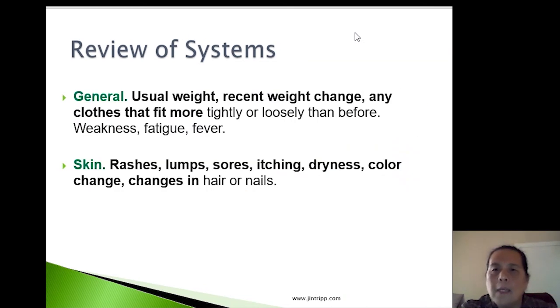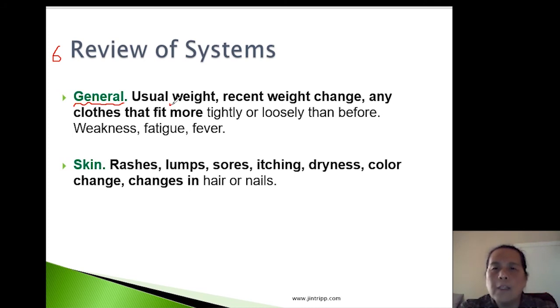Then we go to some detail here. We are still in the review of the symptoms, starting with general questions.